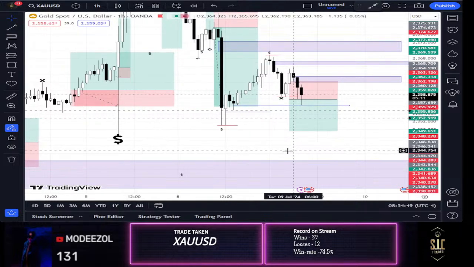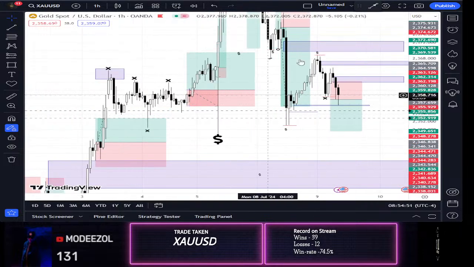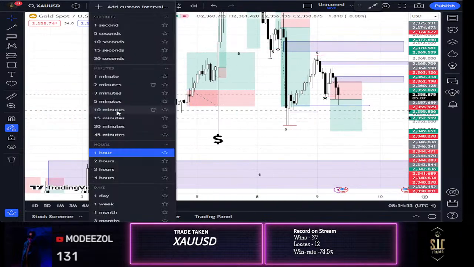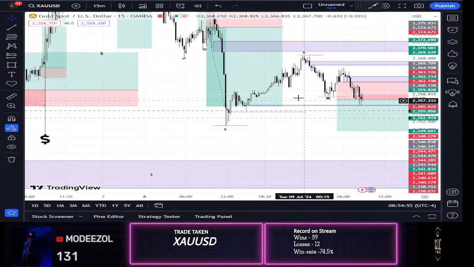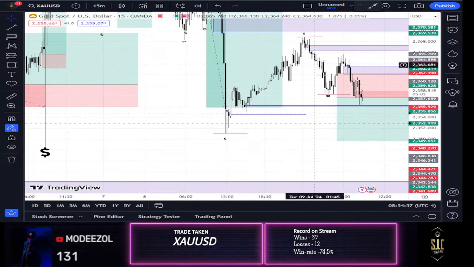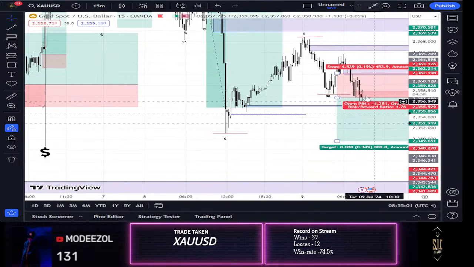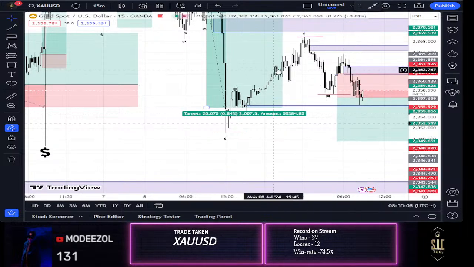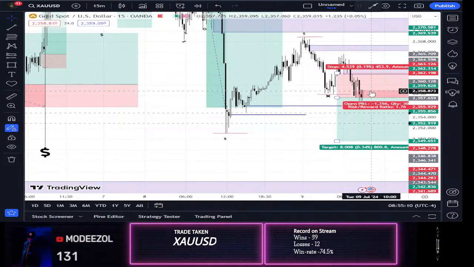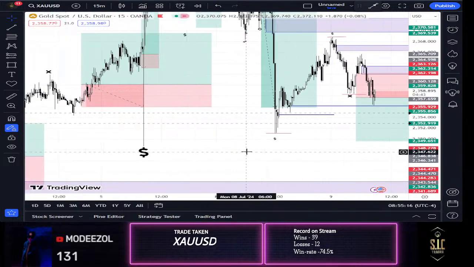I just want to see how price is going to react on the hourly. I might drop down to a 15-minute sometimes and watch the 15-minute. Usually the 15-minute gives me a little bit less choppy, but it's still a little choppy, right? But it can give a little bit more confirmation to let me know that, hey, we can still push to the downside.